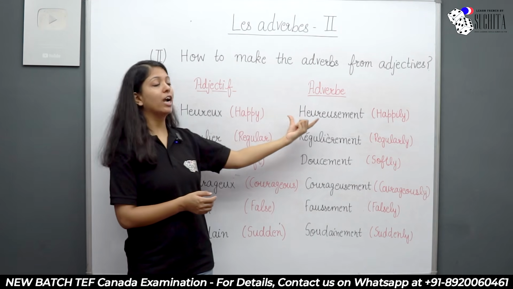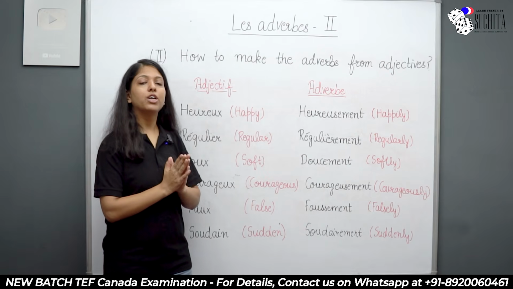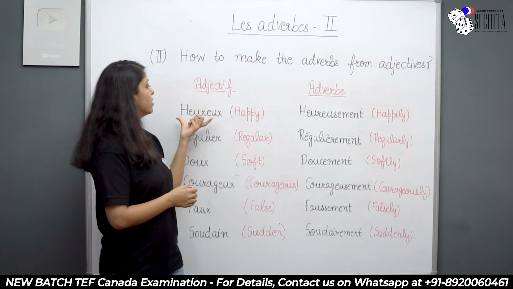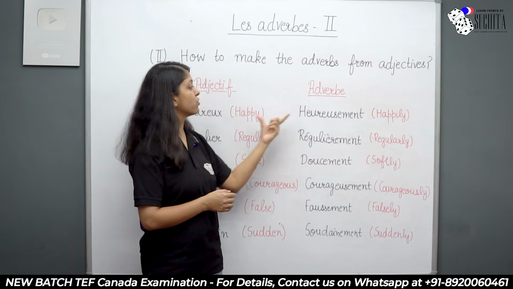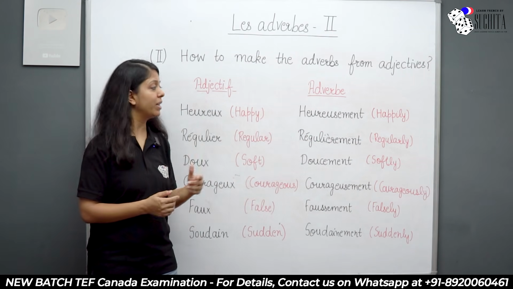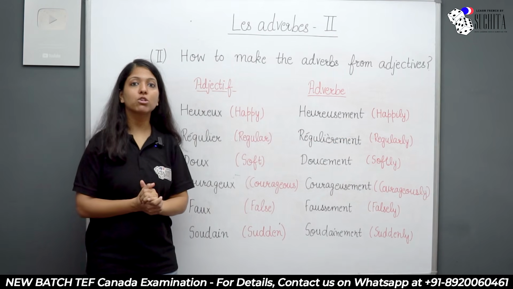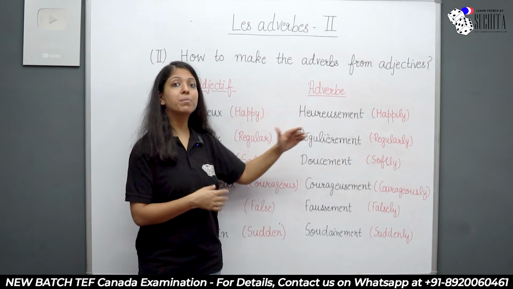Now you need to make the adverb of this. It ends with the consonant X. Since it is ending with a consonant, you will make its feminine first. So heureuse, you add se to make it feminine, and then you add ment to it. So heureux, which is the adjective happy, and the adverb is happily.